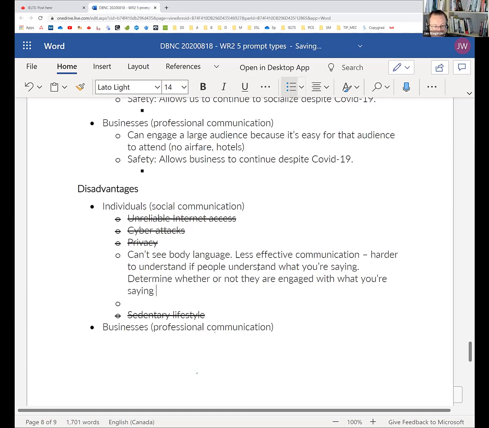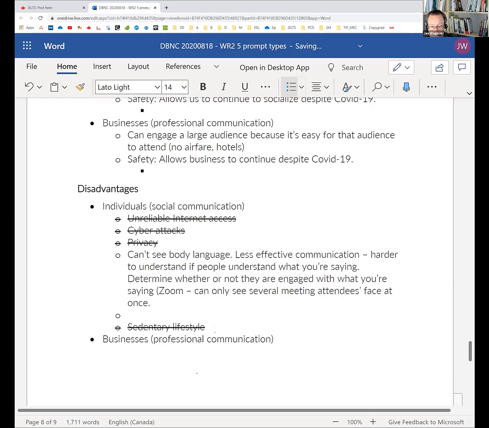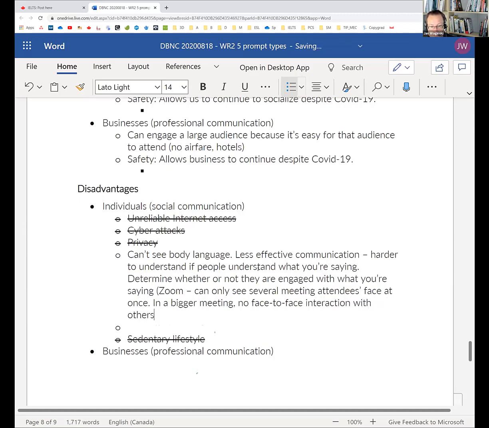Sure. So as an example, Zoom can only show several, let's call them meeting attendees' faces at once. So in a bigger meeting, there's no face-to-face interaction with others.